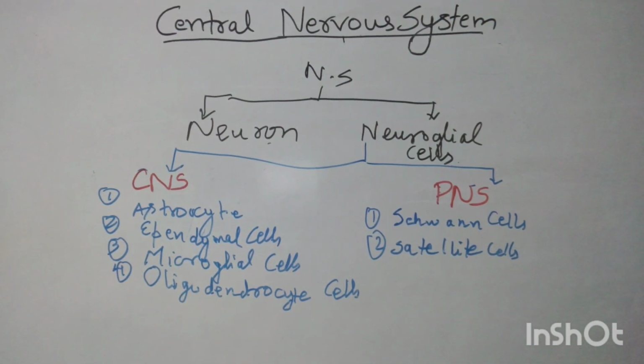Now we will study a little bit about all the types of cells. For example, the astrocyte cells supply the nutrients, support, and form the blood-brain barrier. Ependymal cells form the outer layer and ciliated movement.